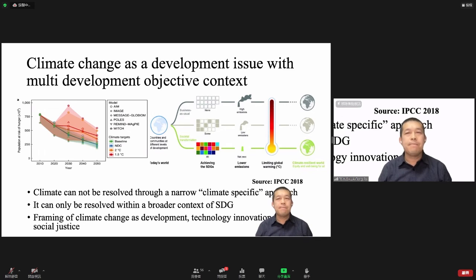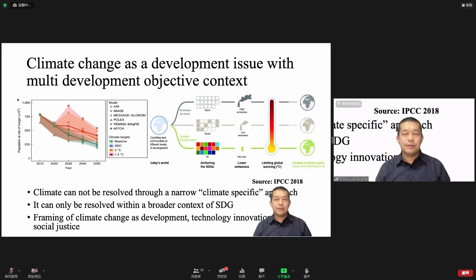Why does this happen? Basically, to achieve 1.5 degree scenarios, we need a lot of negative emission technology, and we need to use much more land to produce biomass and implement those negative emission technologies. That will compete with food production, increase the food price, and increase the risk for hunger and poverty.